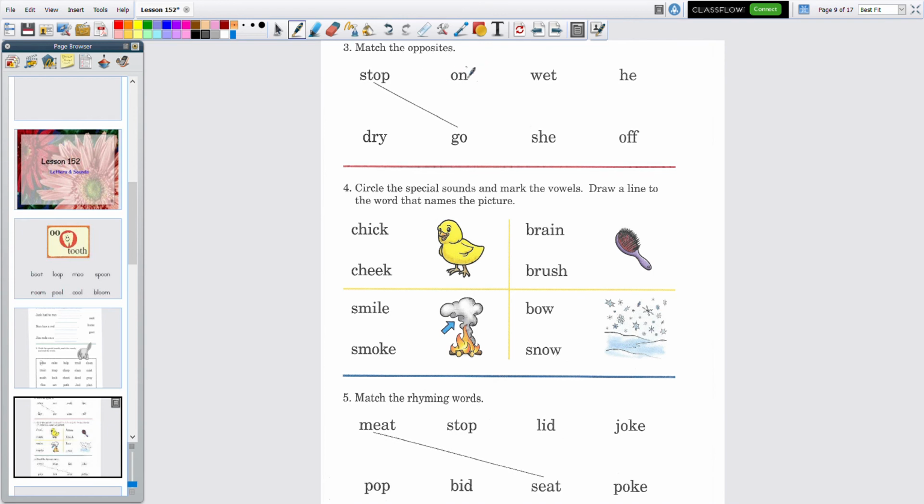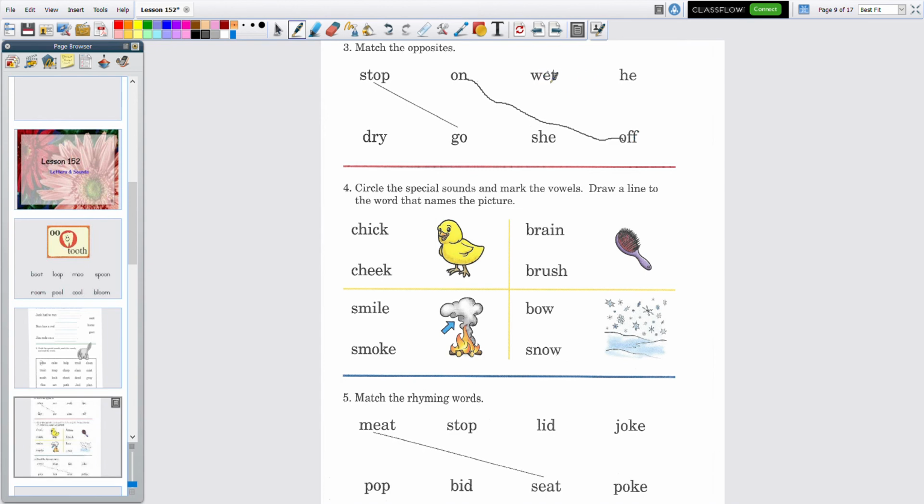So let's see if you can figure out what's the opposite of on. If the light's not on, it's off. Do you see one of the words here that says off? I do. So you can go ahead and mark it before I do. See if you can beat me on this.